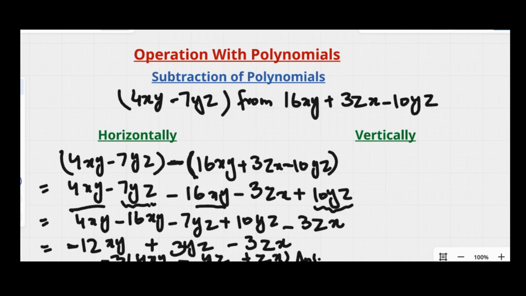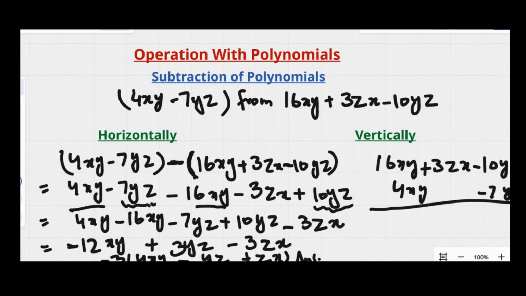That's why we are writing 16xy plus 3gx minus 10yz, and we are writing 4xy and minus 7yz below it.